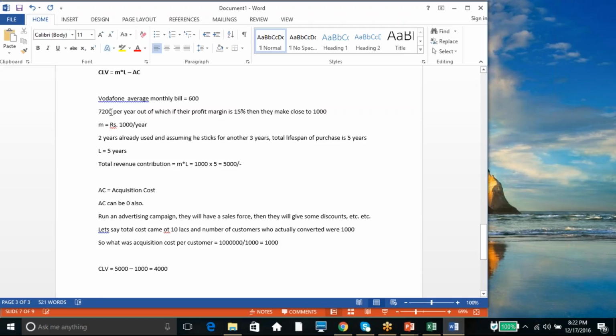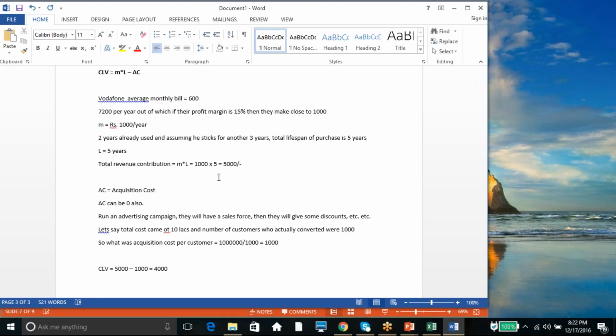So 85% is already the service cost in this. So the profit margin into 5 years is the total revenue you've given to the company after taking out their service costs. And the initial first time cost of getting you on board, even if it is 1,000 rupees, the company has still made 4,000 from you overall.